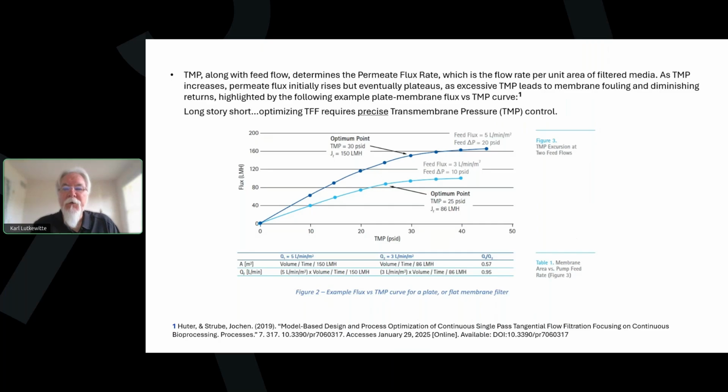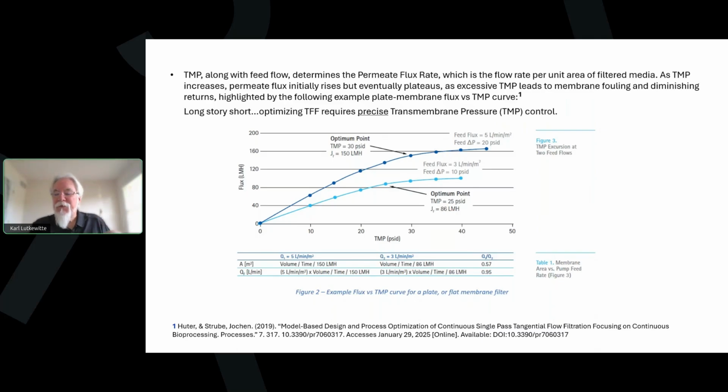So take a look at the graph here. TMP, along with the feed flow, determines that permeate flux rate. And again, that's the flow rate per unit area of filtered media. TMP really drives the process. As TMP increases, as you can see on this graph, the permeate flux initially rises, but eventually at the top of the graph, you can see that right here, it plateaus.